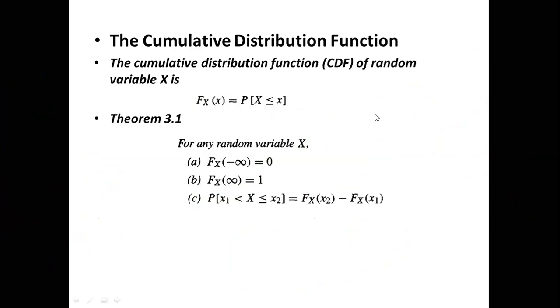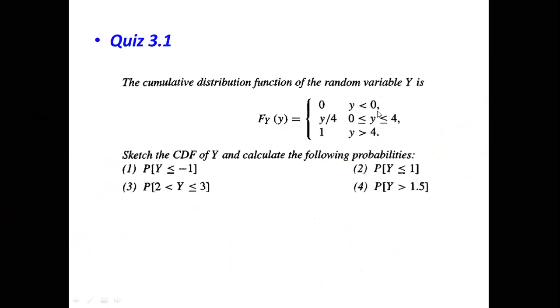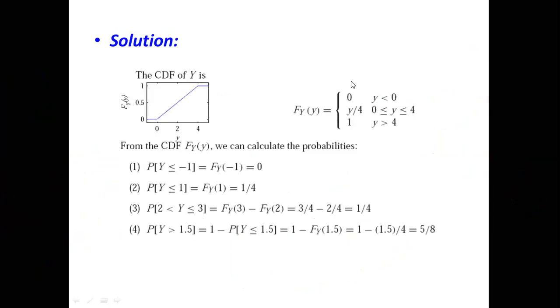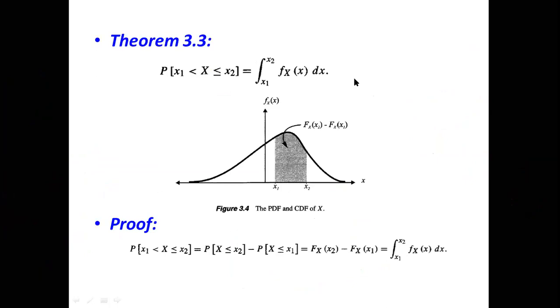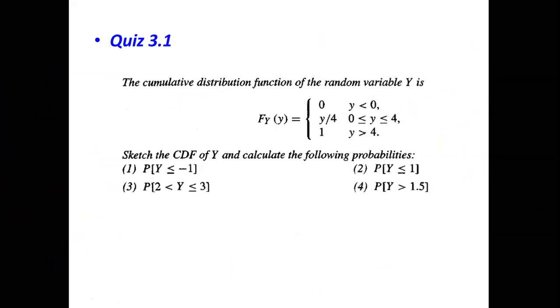So let's talk about quiz 3.1. Actually, why did we miss the PDF? Where is the PDF? Oh, the PDF is coming later on. So let's solve quiz number 3.1 and see how it works. The cumulative distribution function of the random variable y is given.